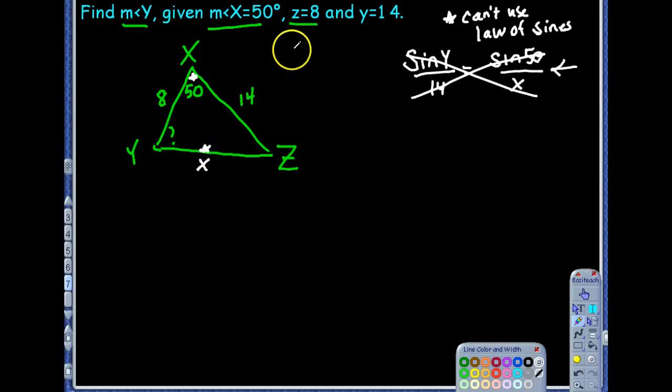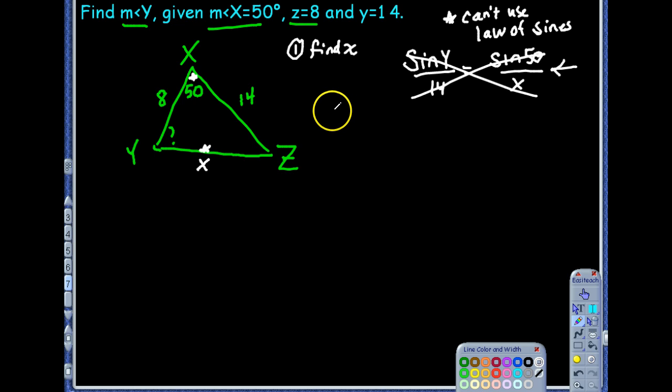Otherwise, if you tried to use 14 squared equals 8 squared plus x squared, you're going to notice I'd have an unknown there and an unknown for the angle. You have to only have one unknown. So the first thing we're going to do is find x, and I labeled that here. This is x.